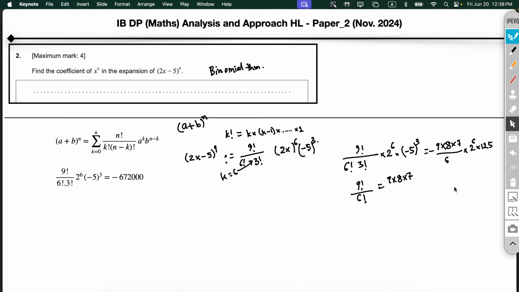If we go ahead and find that value, 9 factorial by 6 factorial times 3 factorial, times 2 to the 6, times negative 5 cubed, we can just put it straight into the calculator, and the answer is negative 672,000.